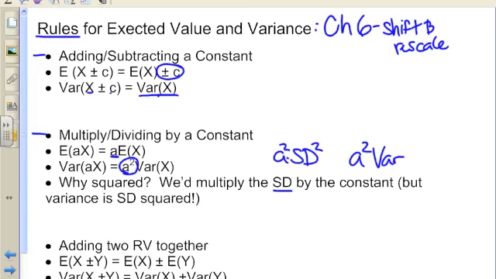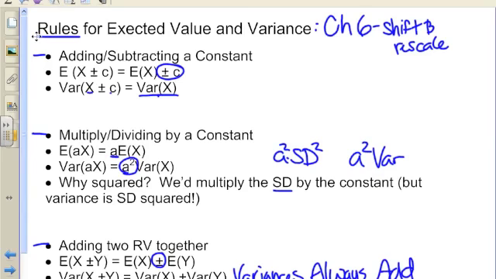And then if I have two random variables, and I'm going to talk about them together, to get their mean, I would simply add or subtract the means. To get the variance, I always add. I don't subtract, I always add. So this is something I would just stick in your brain: variances always add.